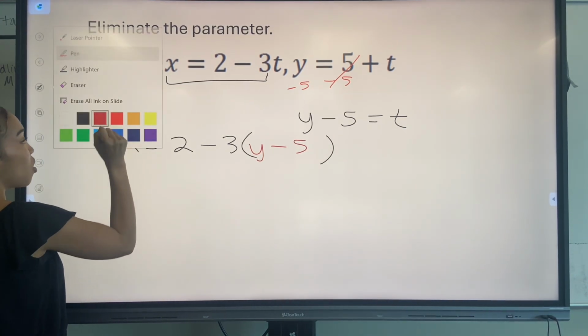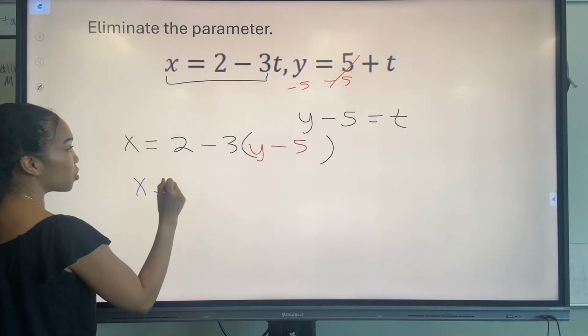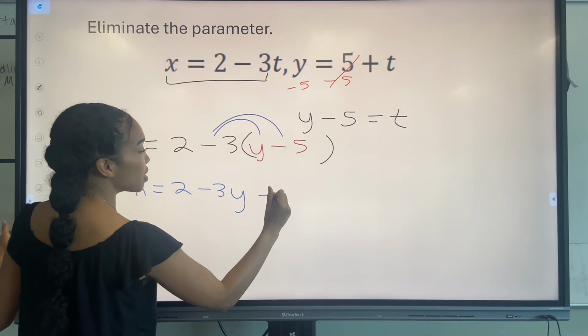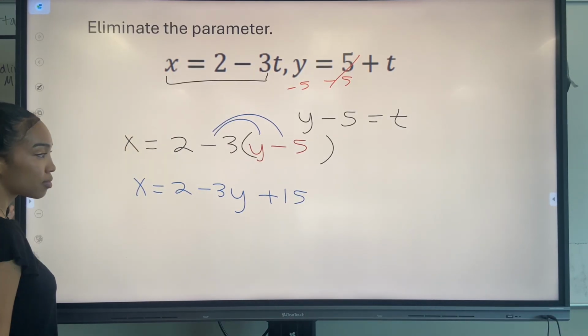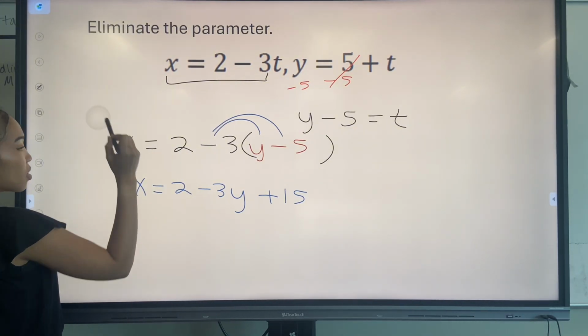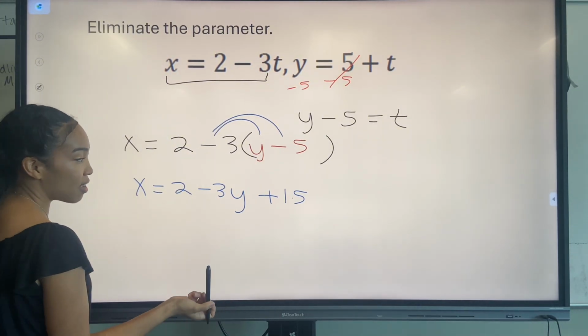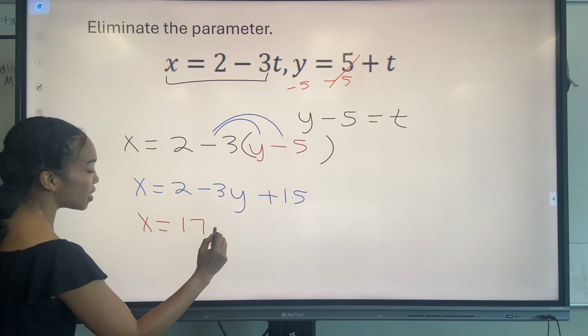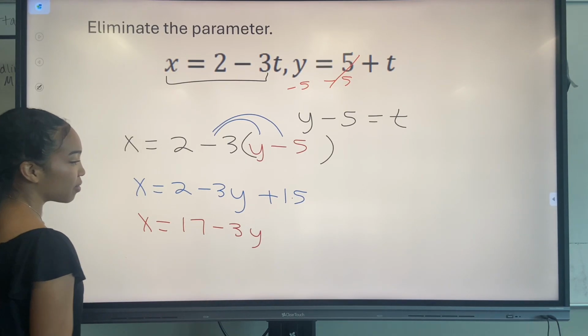Now we can solve. X equals 2 minus 3y plus 15. I'm solving for y. 2 plus 15 is 17, so I get x equals 17 minus 3y.